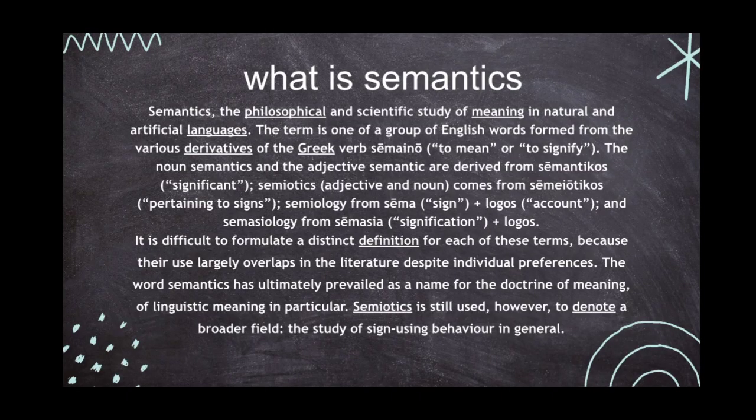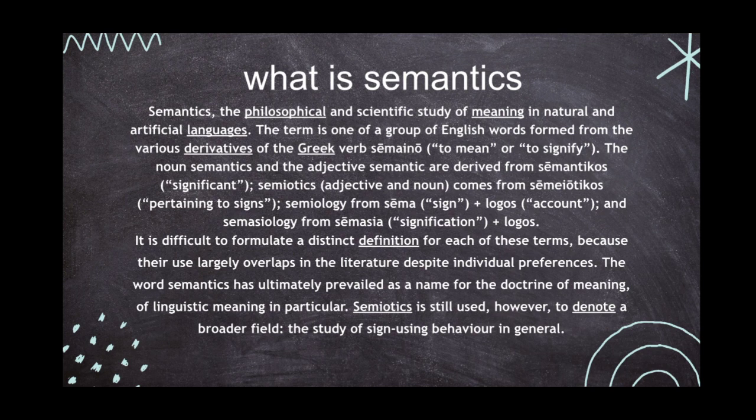So we are going to start with what is semantics? Semantics, the philosophical and scientific study of meaning in natural and artificial languages. The term is one of a group of English words formed from the various derivatives of the Greek verb semaino, to mean or to signify.